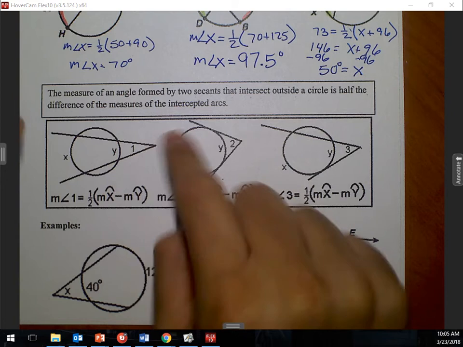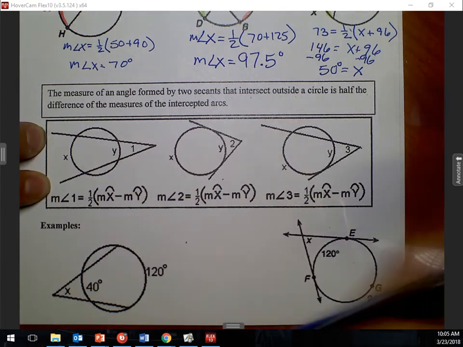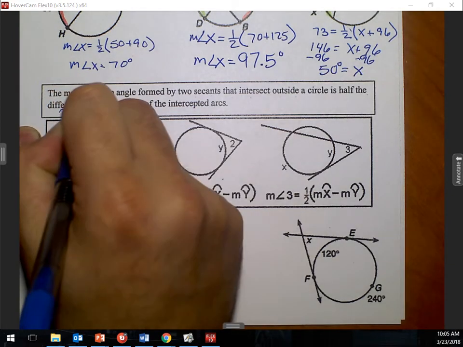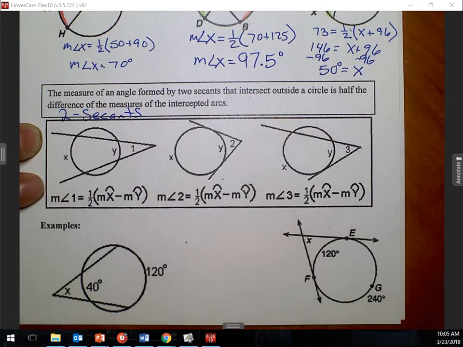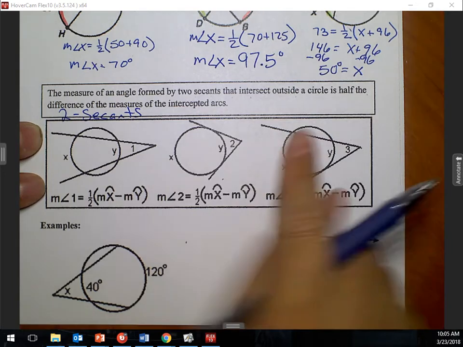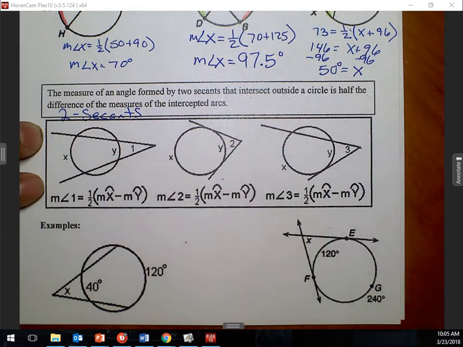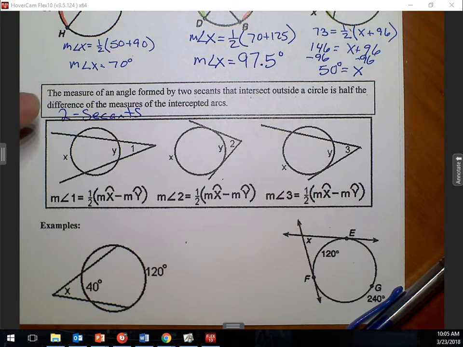So now, see this angle out here? This one right here is two secants. So I'm going to write on top of that, two secants. The secants cut through all the way. So two secants actually has a different formula than most. So let's take a look.